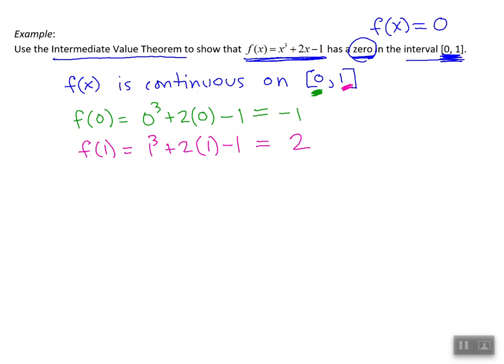Notice that we're going from a negative value to a positive value. So will our function have to equal 0 at some point? Absolutely.